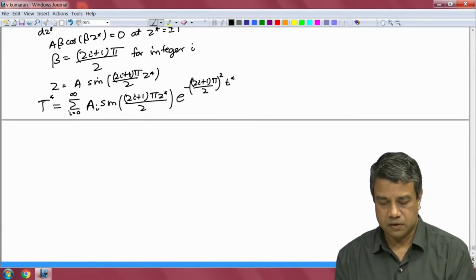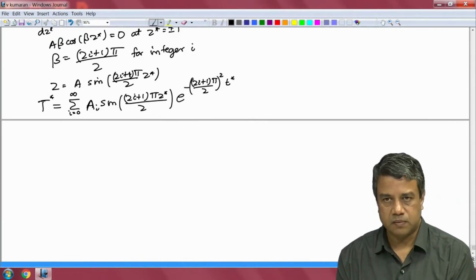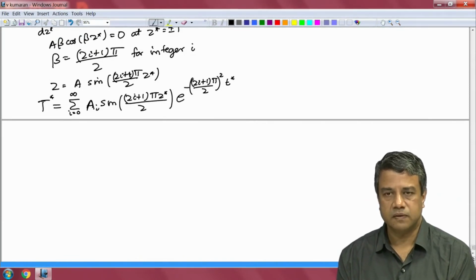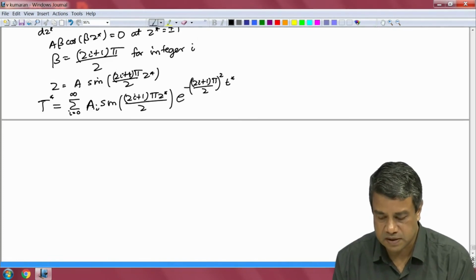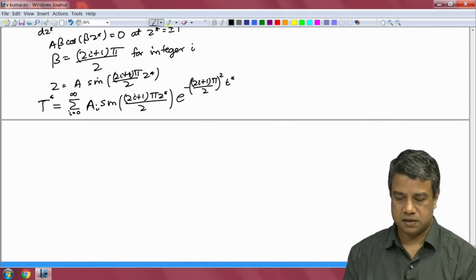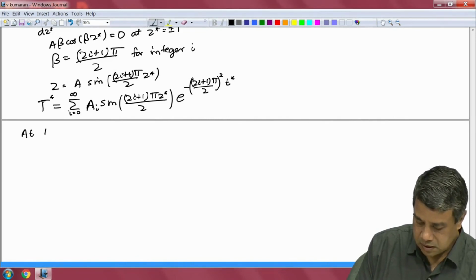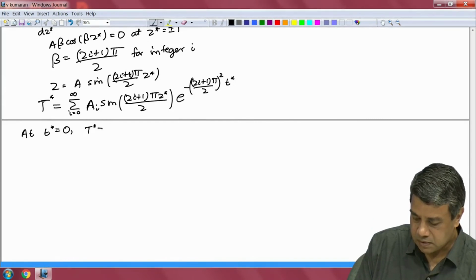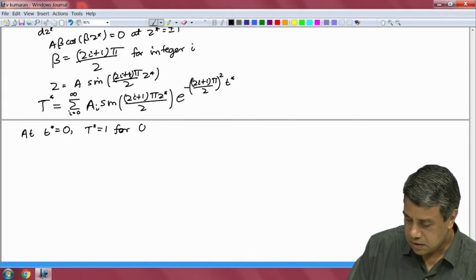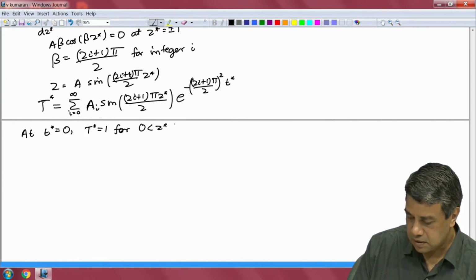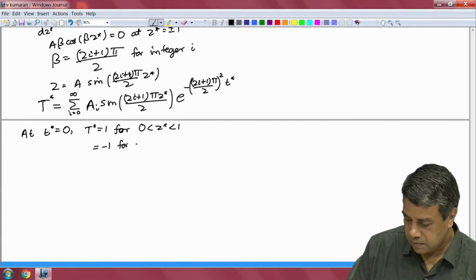How do we determine the coefficients AI? The boundary conditions are satisfied, and therefore, we need to get the coefficients AI from the initial conditions. The initial condition at t star equal to 0 is T star equal to 1 for 0 less than z star less than 1, and equal to -1 for -1 less than z star less than 0.